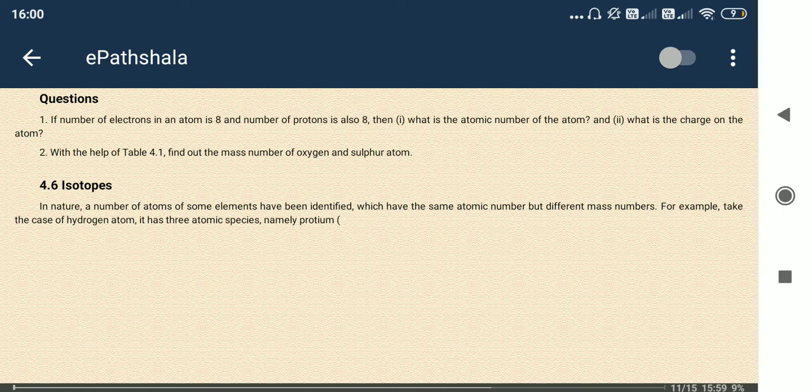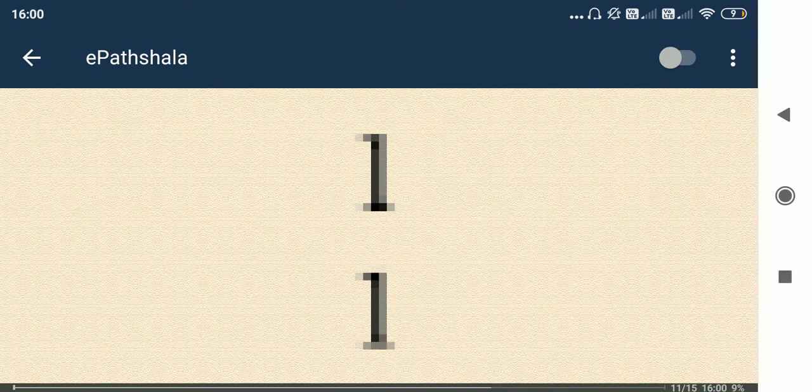Protium, deuterium and tritium are all isotopes of hydrogen, meaning every isotope of hydrogen has only one proton but a changing neutron number. Protium is 1H1, where atomic number and mass number are the same.